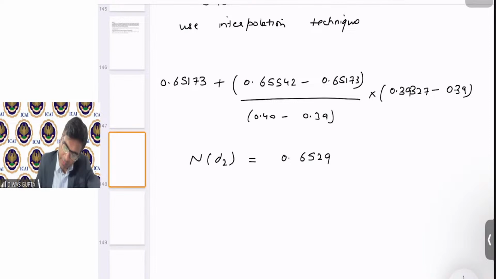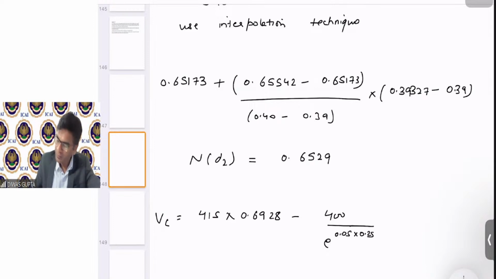This is the value of N(D2). Now, can we calculate the value of call option? Yes, we can. Spot price 415 into N(D1) 0.6928 minus present value of strike price, so 400 divided by e raised to the power 0.05 into 0.25, multiplied by 0.6529.